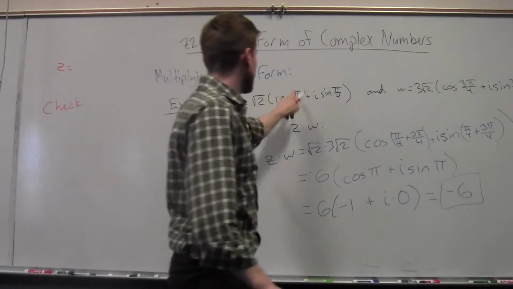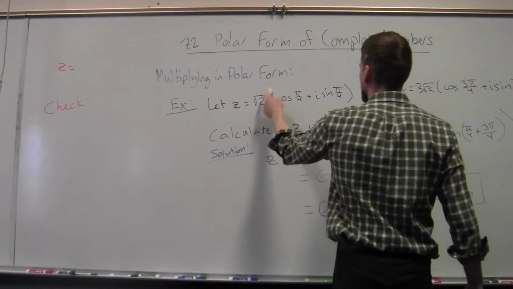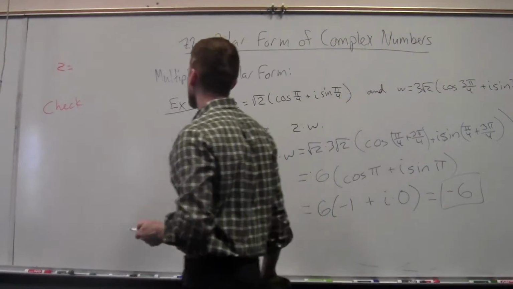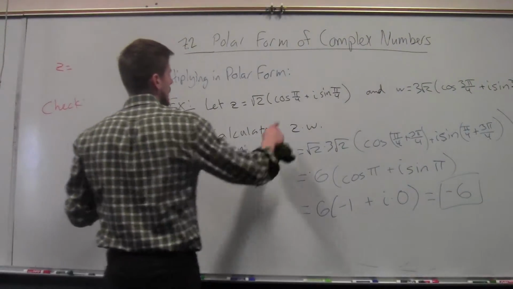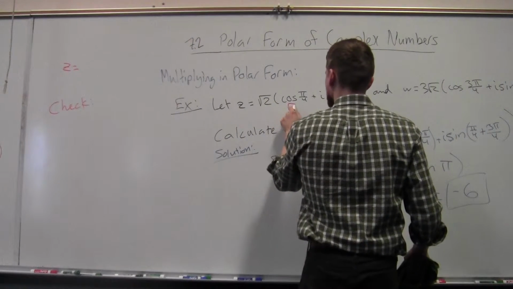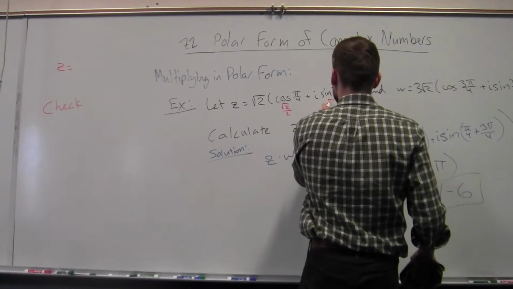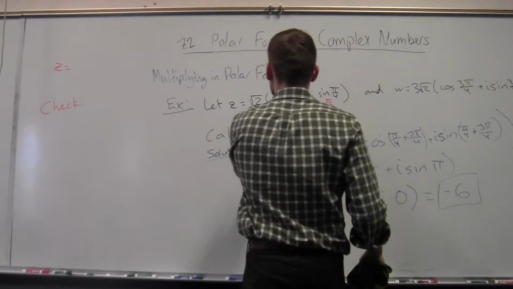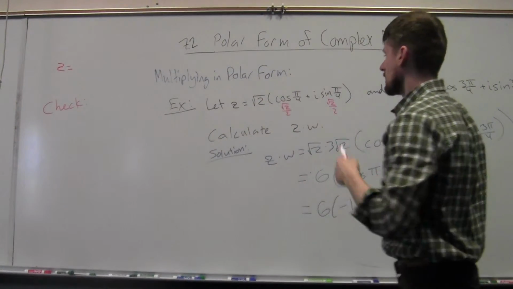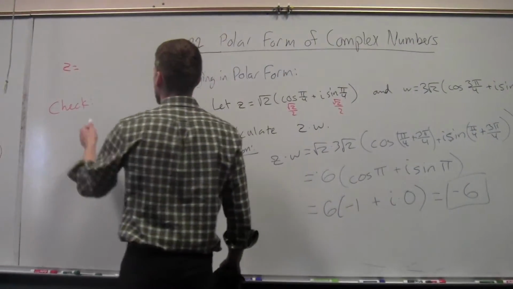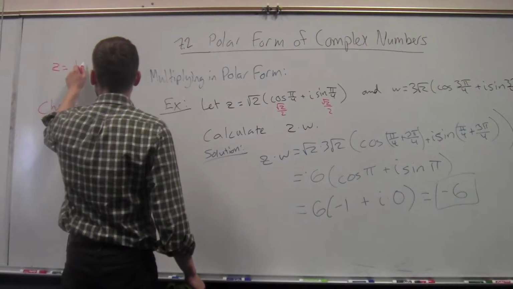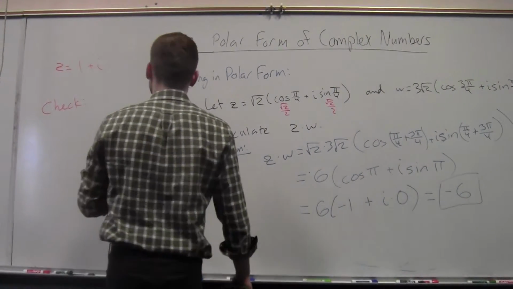Well, z is root 2 times the cosine of pi over 4, plus root 2 times the i sine of pi over 4. And this number right here is root 2 over 2. This is also root 2 over 2. And when I multiply root 2 times root 2, that root cancels. So z is 1 plus i.